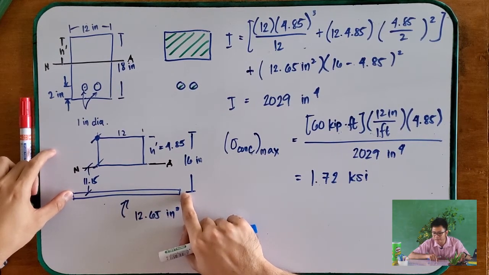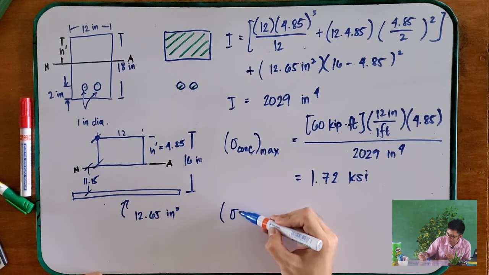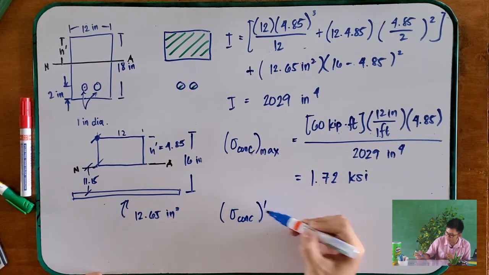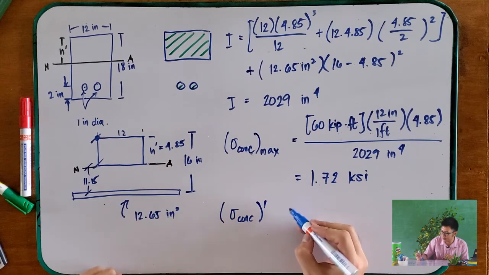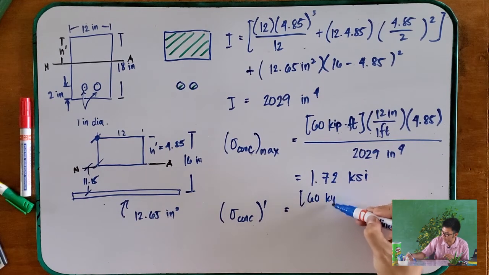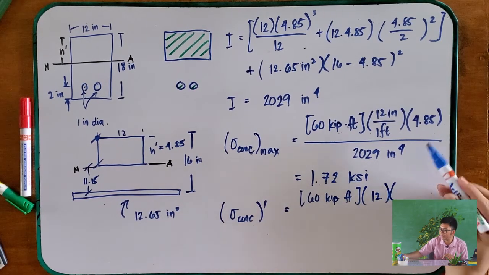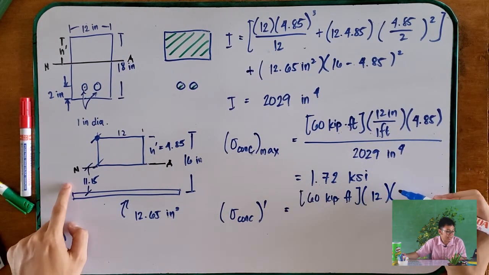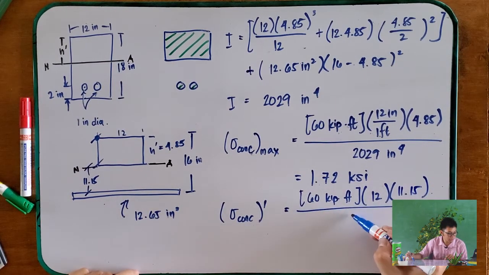And now, what is the stress in the steel? So we also have to solve for that one. We put a prime because we still have to transform this back into its steel bars. So this is 60 kip-feet multiplied by 12 times, instead of 4.85, we now use 11.15, over 2029 inches to the fourth.